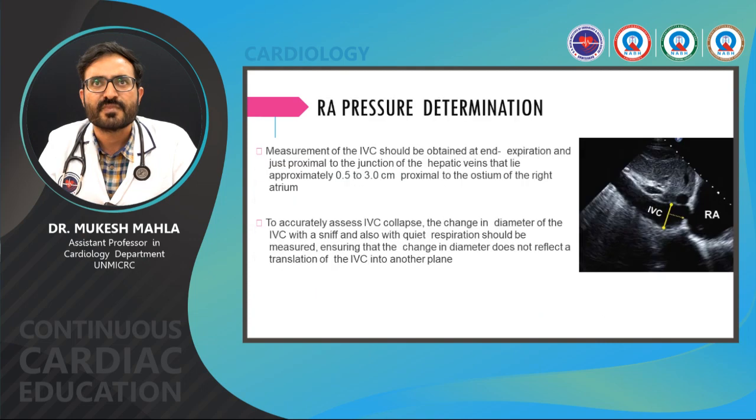RA pressure determination is done along with the IVC. The IVC measurement is taken around 5 mm inside the IVC and at the end of expiration.